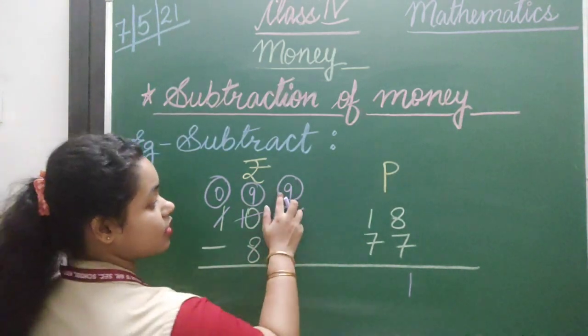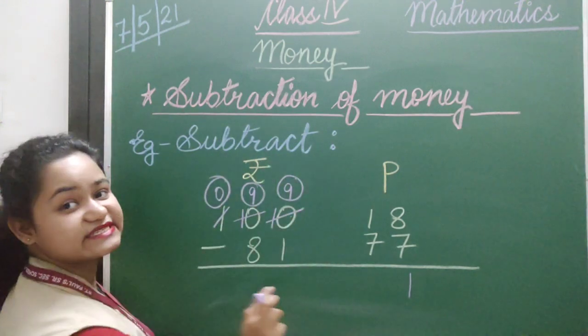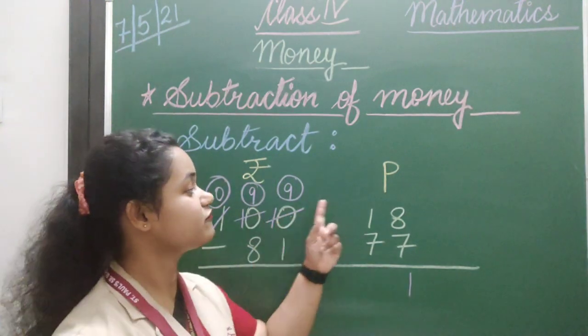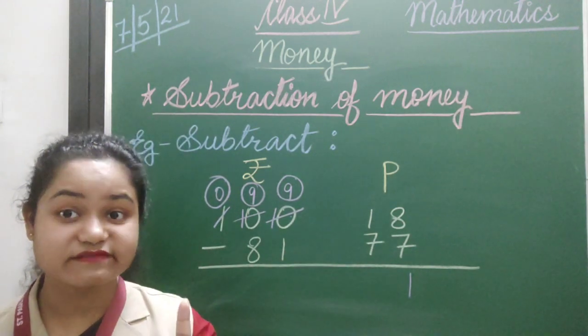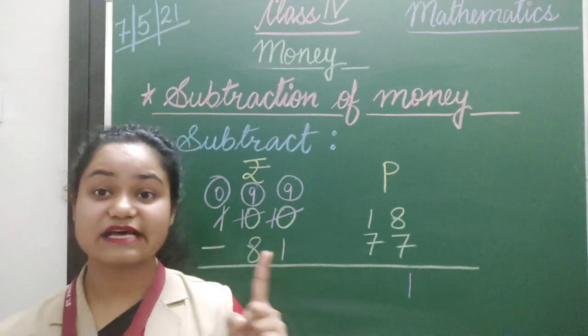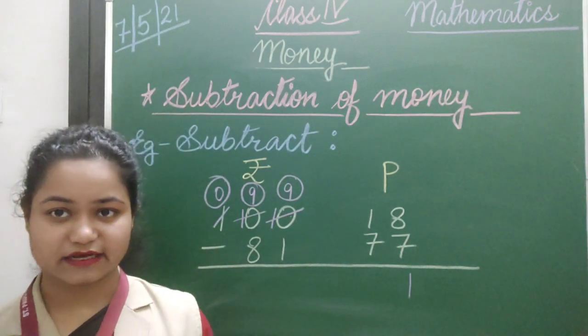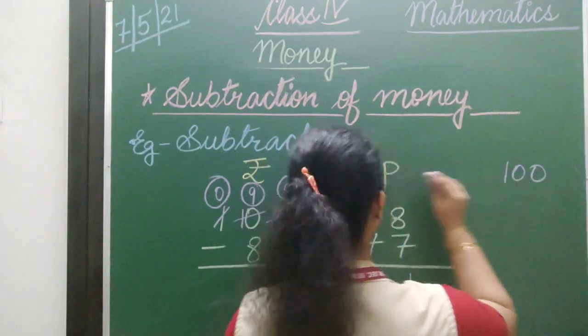So here, if this is under the rupees section, if it gives 1, 1 means 1 rupee. If it gives, then it will become how many paisa? 1 rupee has how many paisa? 100 paisa. Yes or no? So it has given 100 paisa.